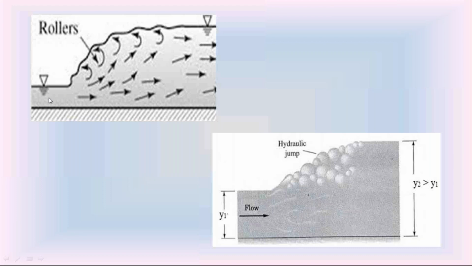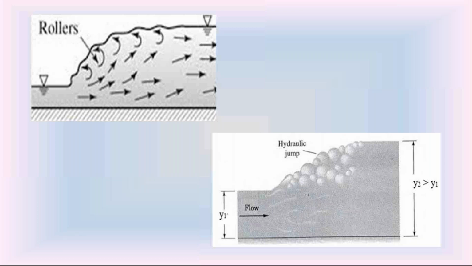So when the water is changing from supercritical condition to subcritical condition, there is a loss of energy in this portion, that is the hydraulic jump. Due to that loss of energy, we have these rollers, that is rotations of the water particles like this in this hydraulic jump region. Because of the rotational flow in the hydraulic jump, there is a loss of energy. We will discuss later how to determine the loss of energy in the hydraulic jump.